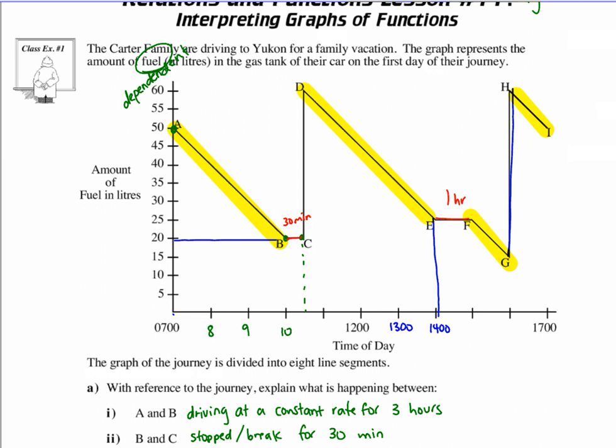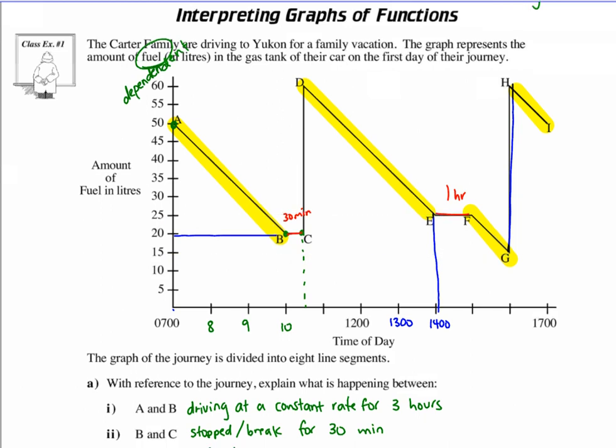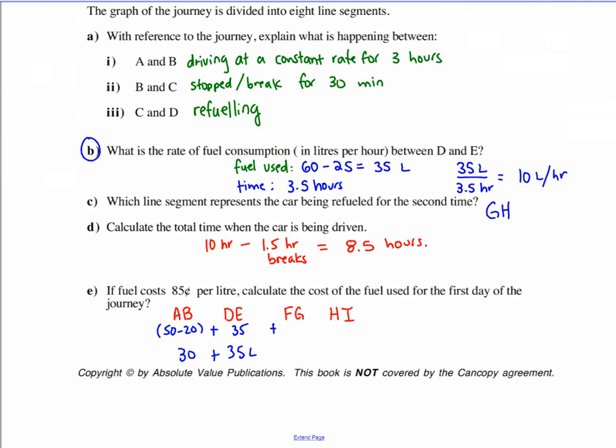So FG, they were at, oh man, a ruler would be really helpful, 25, and they finished at 15, I think. So 25 minus 15, or 10 liters. And then HI, they went from 60 to 50. So 60 minus 50 is another 10 liters.